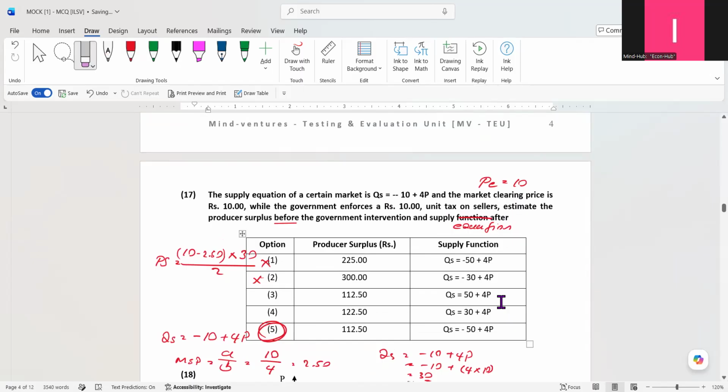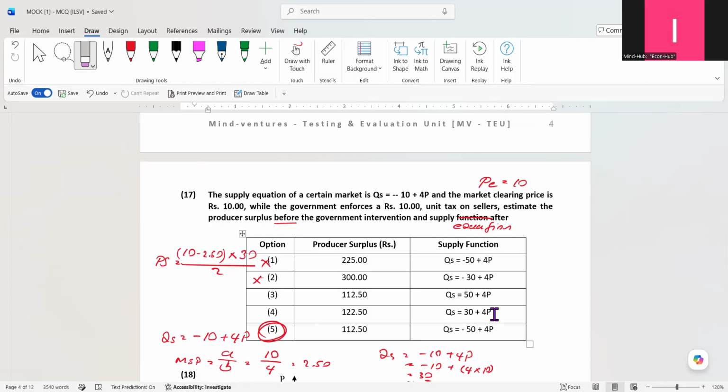Question 17. The supply equation of a certain market is QS equals minus 10 plus 4P and the market clearing price is rupees 10.